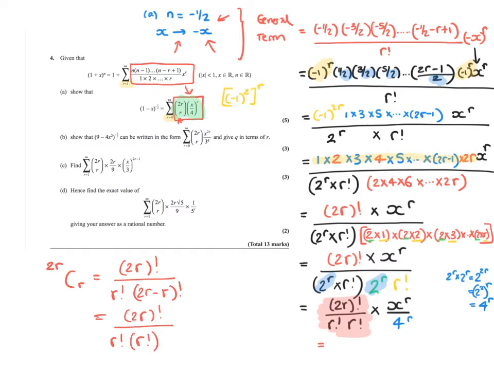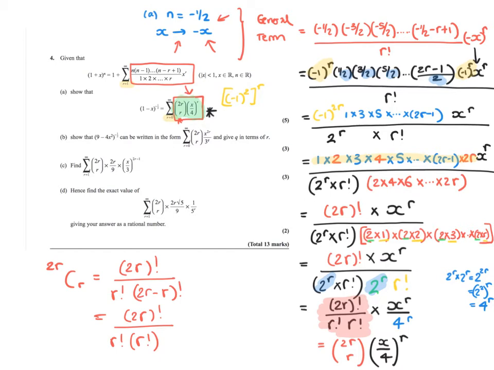So this is equal to 2r choose r, which can be written almost a bit like a vector. 2r choose r, and then the second part just needs to be written like that. x over 4, and then all raised to the power of r. So because we've shown that the general term simplifies to this result here, we've done everything we needed to.